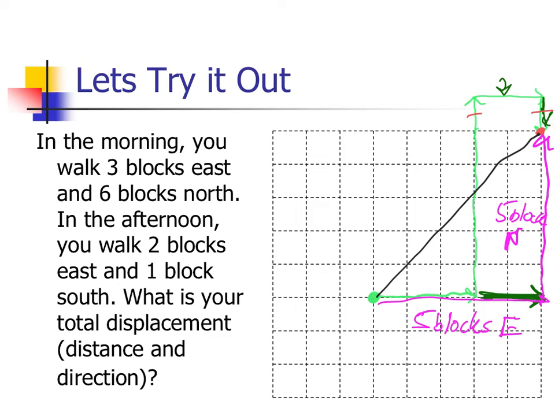And I'm going to guess the majority of you would know how to solve for the black line, where we would have a squared plus b squared equals c squared. 25 plus 25 equals c squared. 50 equals c squared.